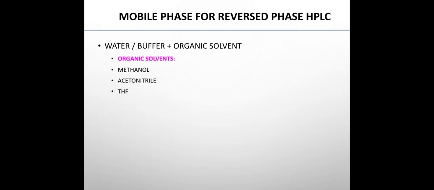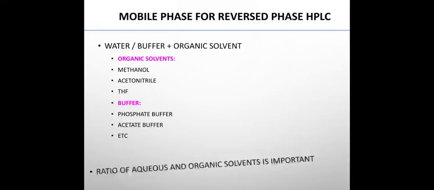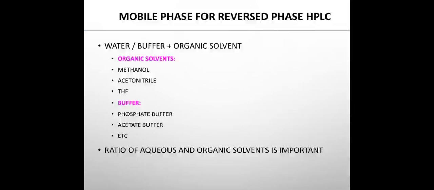Now the different mobile phases for reverse phase HPLC, like a mixture of water, buffer and organic solvent. The organic solvents we are using are methanol, acetonitrile, THF. The buffers we are using are phosphate buffer, acetate buffer, etc. It may be a citrate buffer.